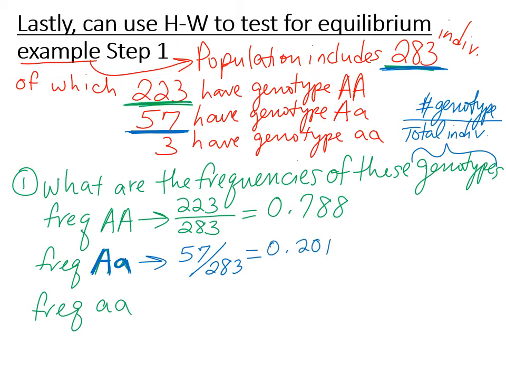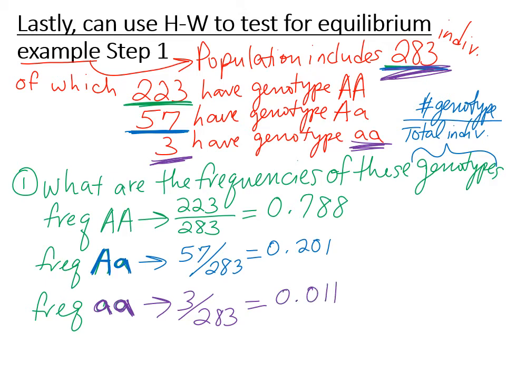And then we get to the very last one, our lowercase, our recessive ones. I'll use purple for this. 3 out of 283 have that lowercase genotype. Okay, so that's 3 out of 283 individuals. So the frequency is 0.011.